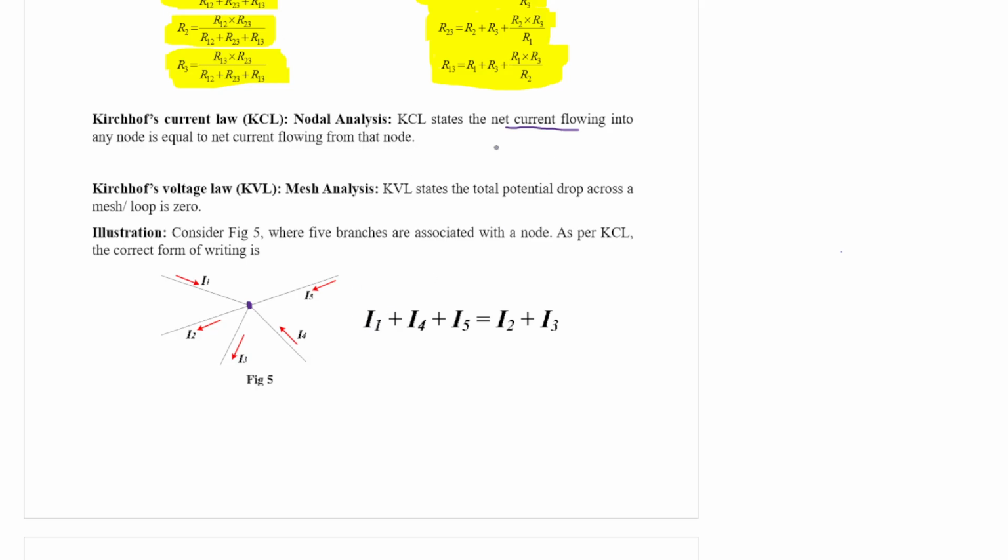That means, according to KCL, net current incoming is equal to net current outgoing.